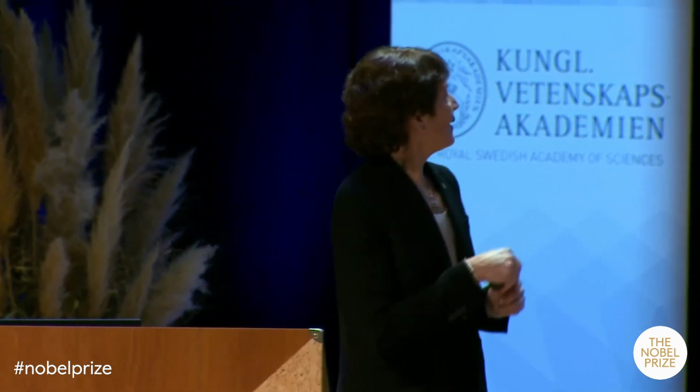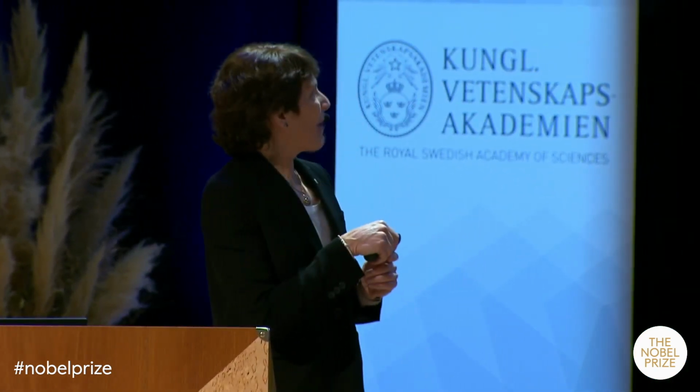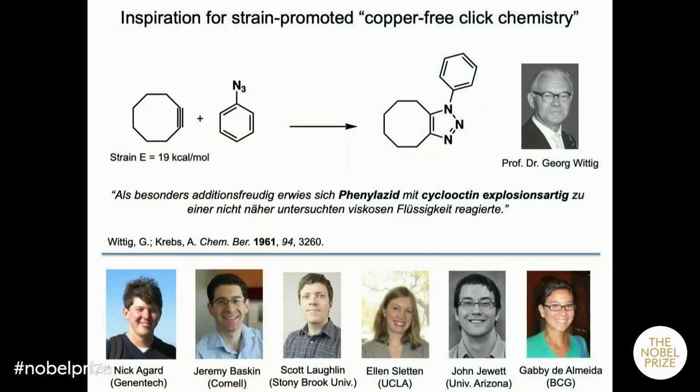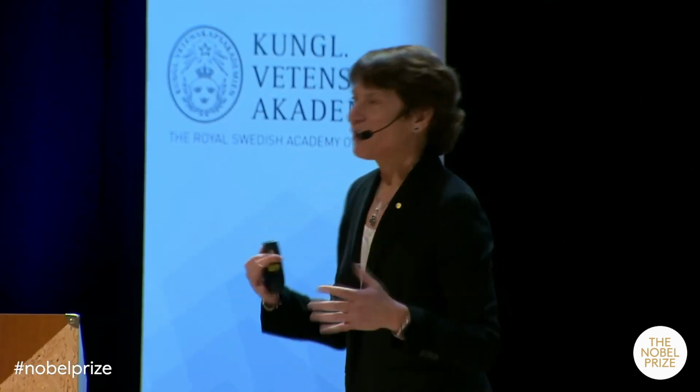So based on that precedent, Nick and then Jeremy Baskin, who's now a professor at Cornell, and he's sitting here in the audience today as well as several other coworkers, went to task to try to develop cyclooctyne-based probes for what we called copper-free click chemistry that we could use in living systems.